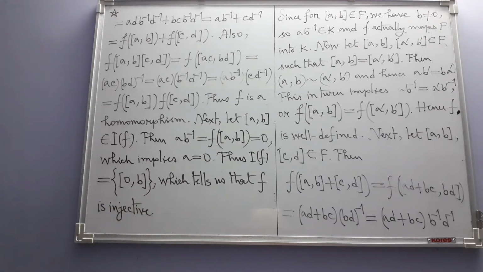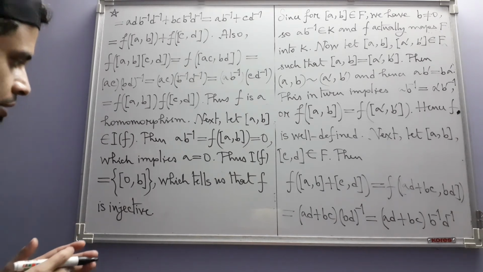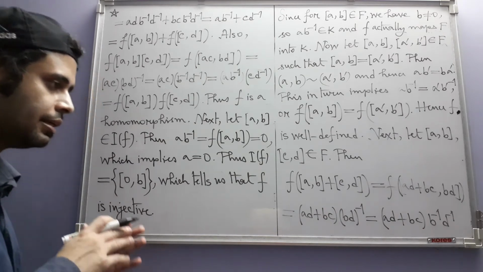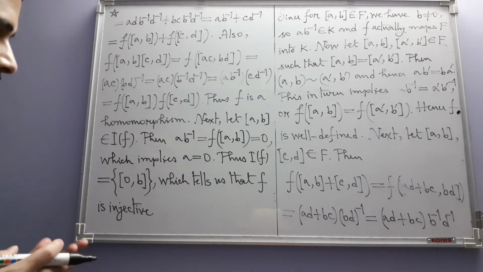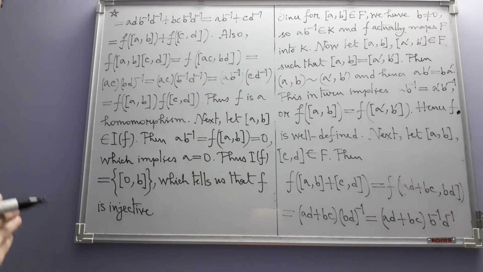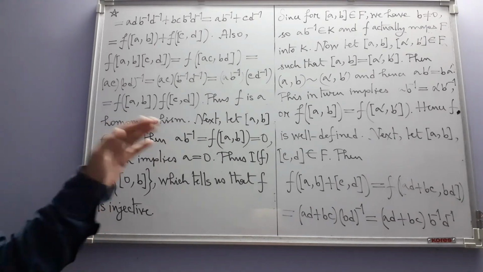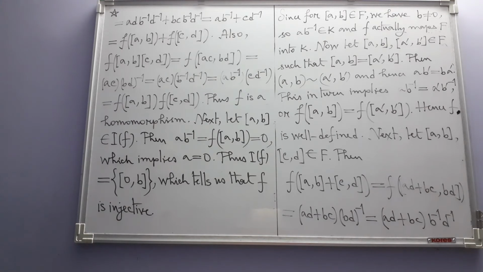But we are not done yet. Keep in mind that according to the definition of an embedding, it should not only be an injective homomorphism, that is an isomorphism, but it should also map the unit element of the domain onto the unit element of the range, if the rings have unit elements.